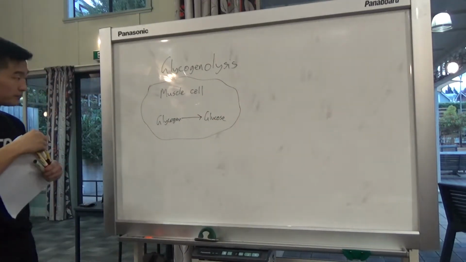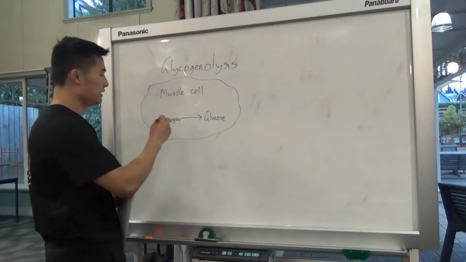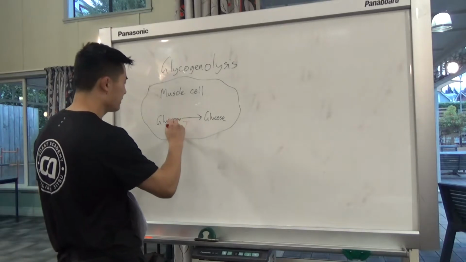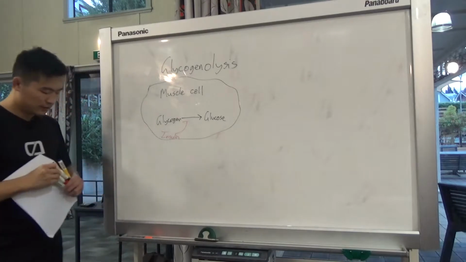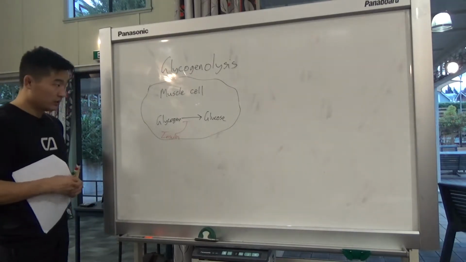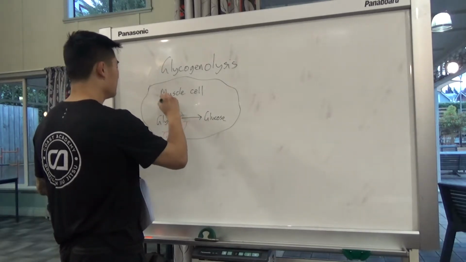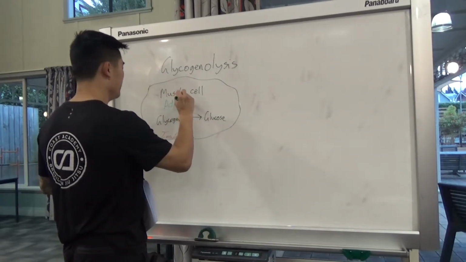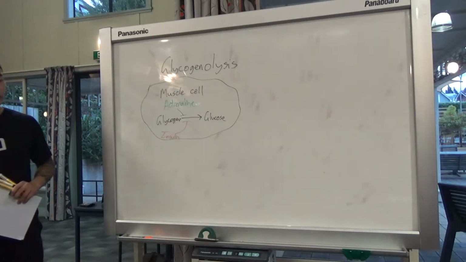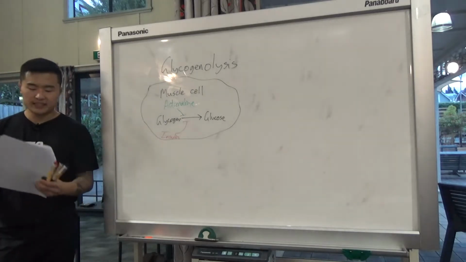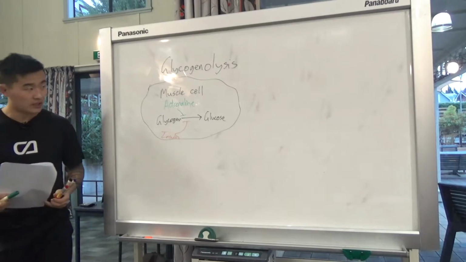And if we already have a lot of glucose, then we don't want to break down glycogen, so insulin will inhibit glycogen breakdown. Whereas if we're very scared and we want to run away from a tiger, then we want to have enough glucose to power our muscles. Okay?